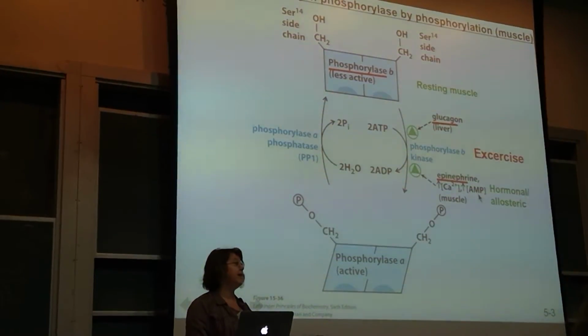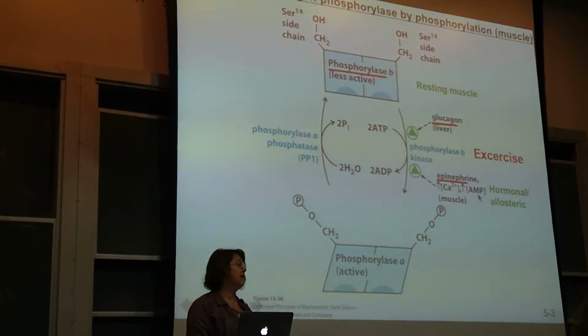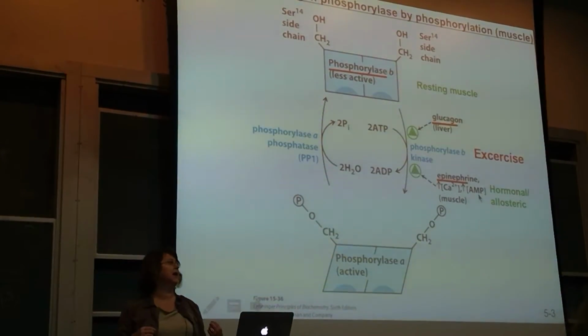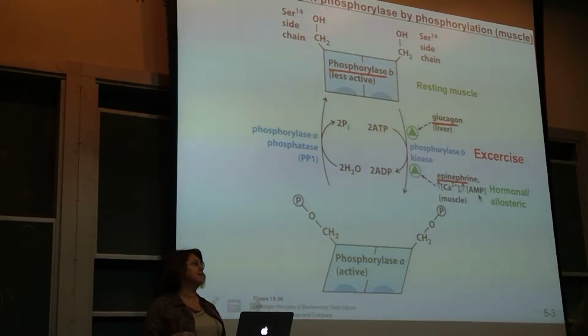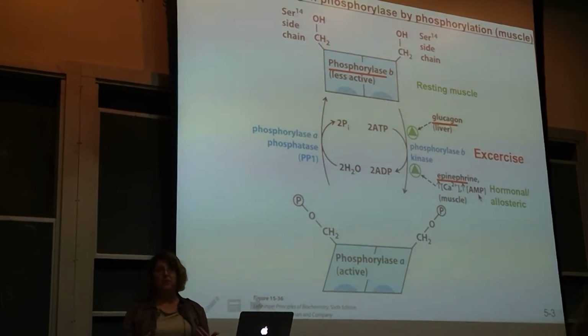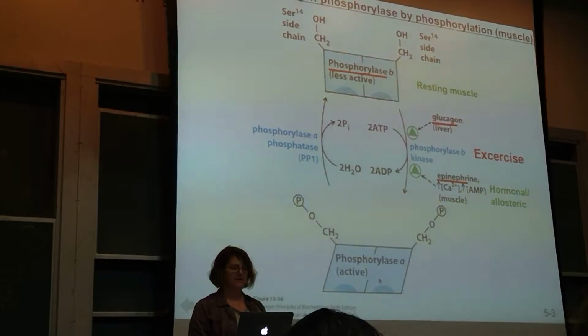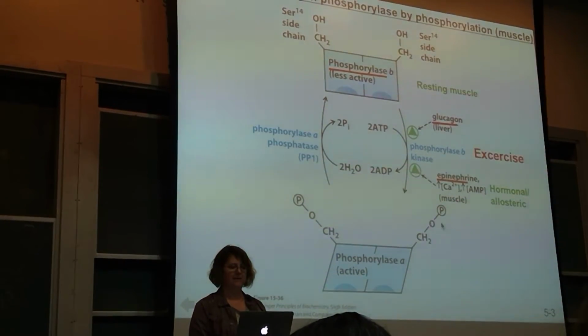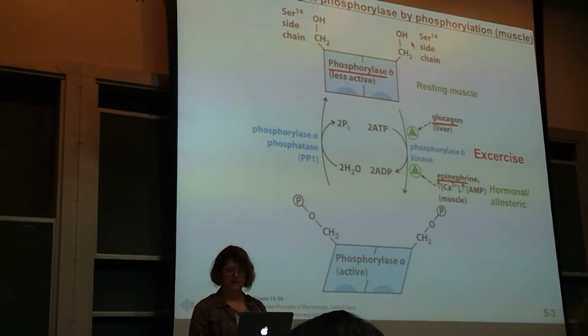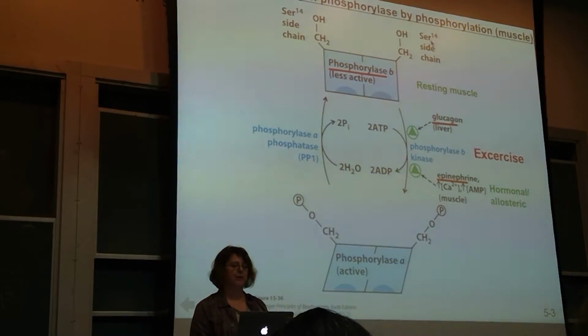The reason AMP is controlling it is that in the muscle you want to be making ATP from glycolysis, and if AMP levels are high, it means you need more ATP. Whenever you see this, it's showing you that an enzyme is phosphorylated, and here it's showing you the position that's phosphorylated.